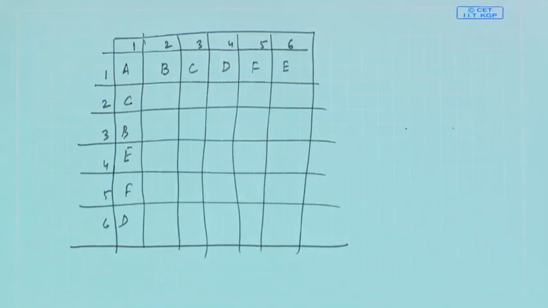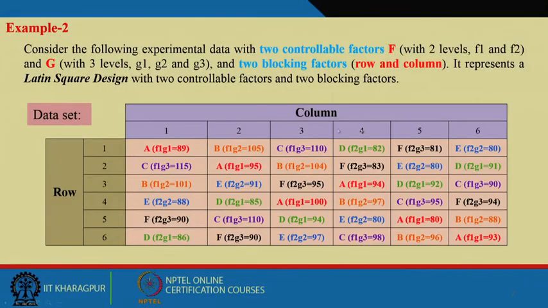Suppose this is the table. So, A, B, C, D, F, E, C, A, B, F, all those using the Latin square randomization scheme, the treatment combinations are selected like this and given to each of the blocks, like row and column blocks.